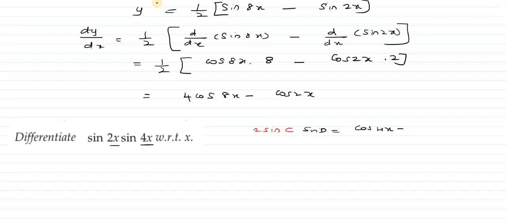Cos 4x minus 2x, cos C minus cos D. I will write the formula, you do it. Minus cos C plus D. Once you do it, verify the answer sincerely.